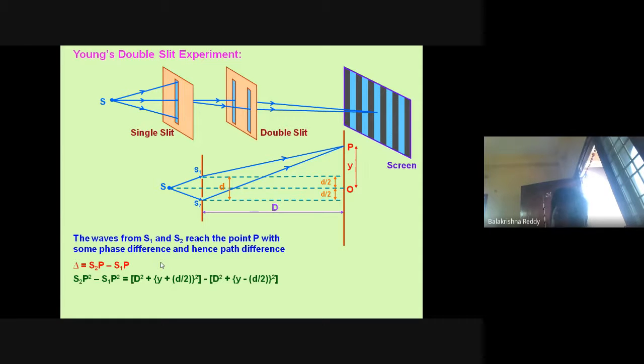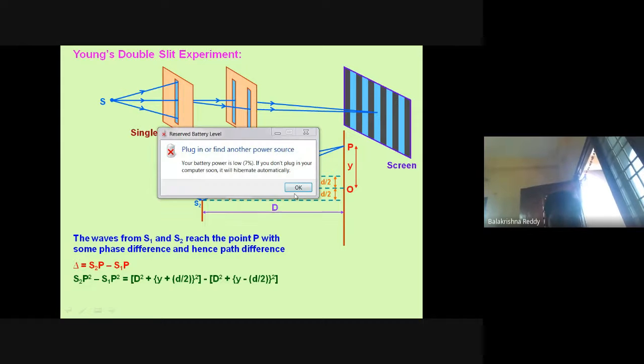So I'm writing S2P minus S1P in the square form. Why am I writing it in the square form? Look here. Here I have a right angle triangle. S1P from there to here, and this distance up to O you take.